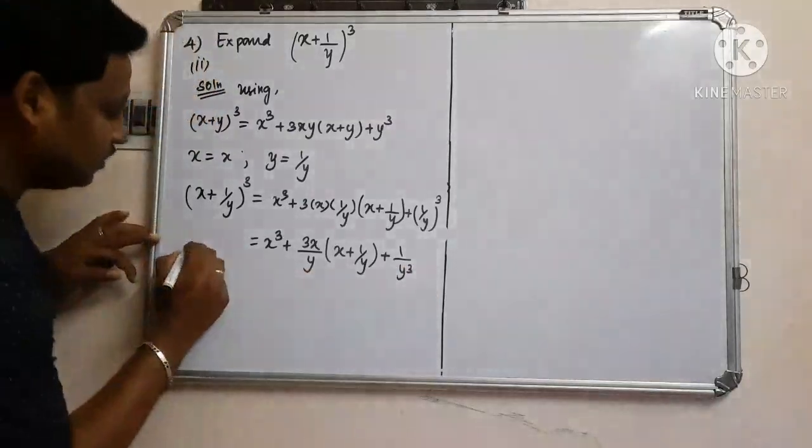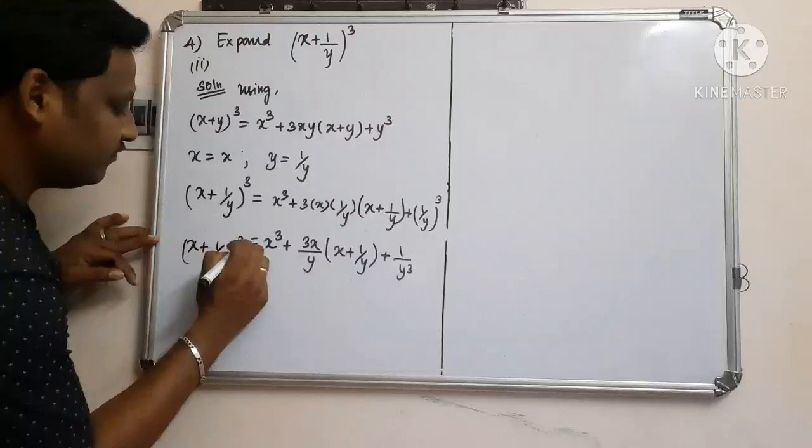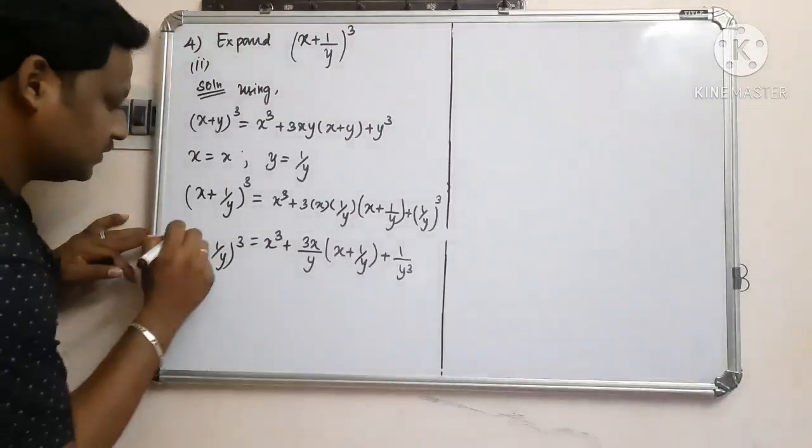So this is the value of (x + 1/y) the whole cube. Understood?